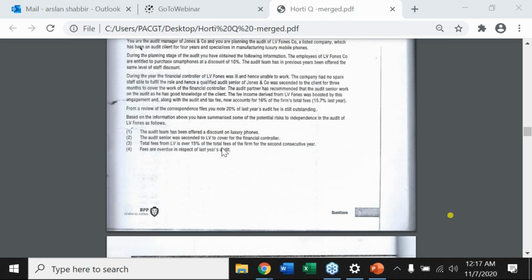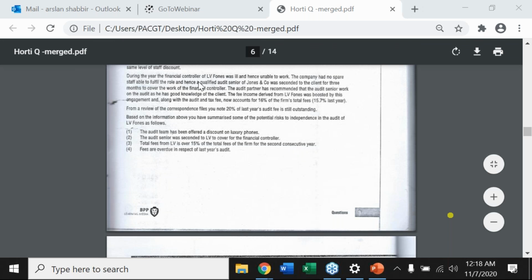Number three, total fees from LV is over 15% of the total fees of the firm for the second consecutive year. Here there is no indication that the client can intimidate you.